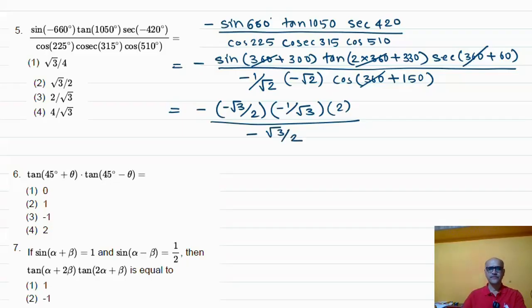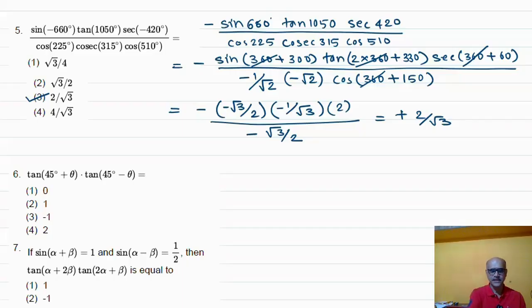So simplify: all the minuses become plus, then root 3 by 2 by root 3 gets cancelled, and you will have the answer 2 divided by root 3. So the third option is the answer, that is 2 by root 3.